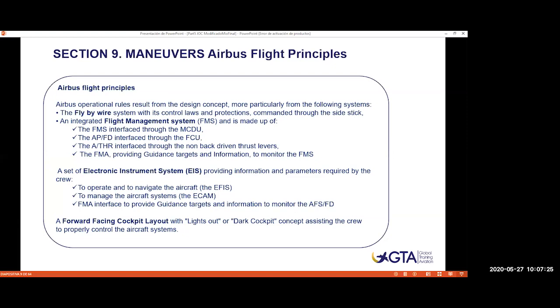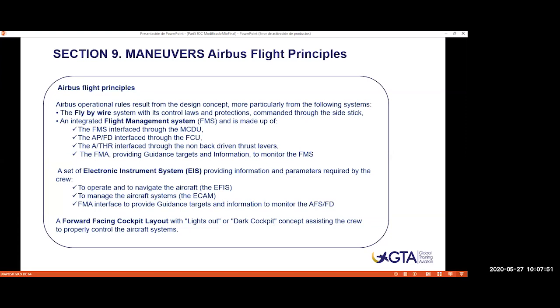Then we are going to talk about the flight management system. That is one of the new systems this aircraft has, how to really manage all the flights, with some of the principal aspects of this system. Also, something about auto thrust and a headline about FMA.